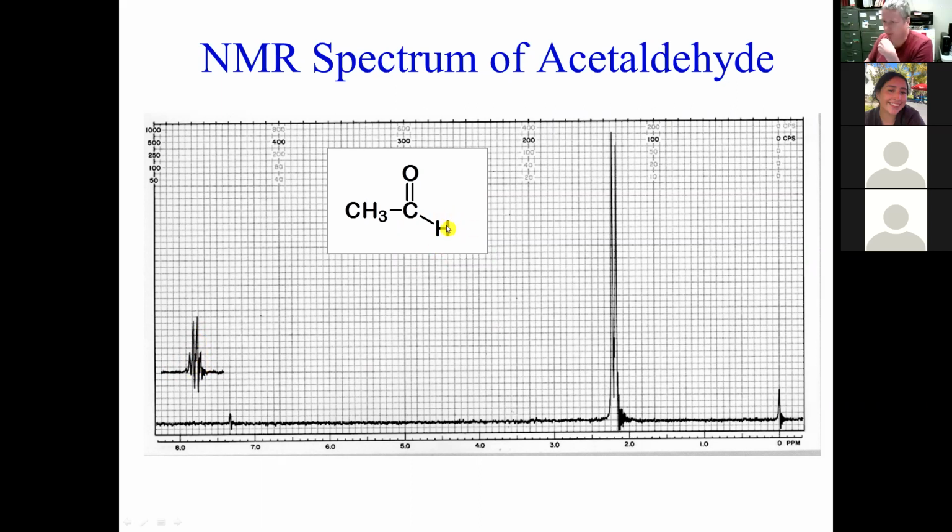Because how many neighbors are next to the aldehyde? 3. 3 plus 1, 4. So you see a quartet, 4 peaks. Whereas the CH3 has how many neighbors? The CH3 has 1 neighbor. 1 plus 1, 2. It's a doublet. Okay? Now that just shows the splitting more clearly.